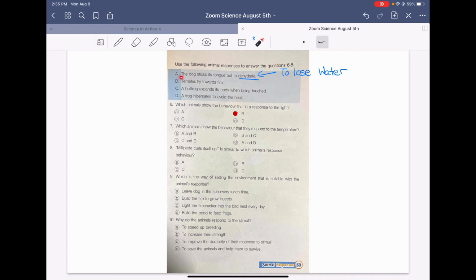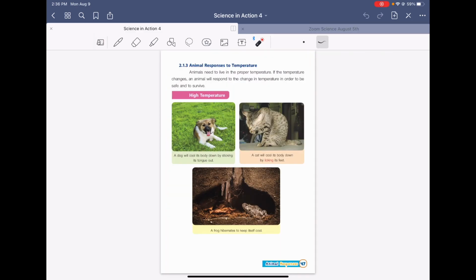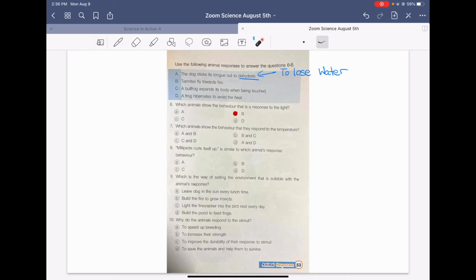Remember, we also have the dog sticks its tongue out to dehydrate, almost like to cool itself down. And the frog here. So these two are about temperature. So it's A and D.